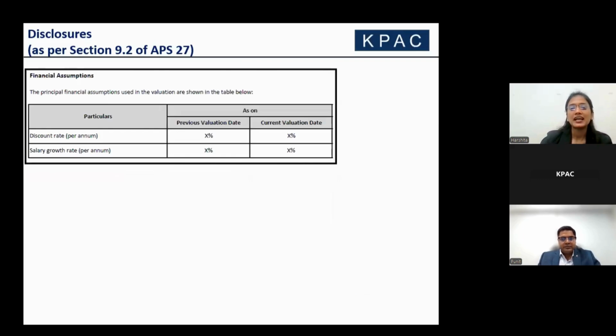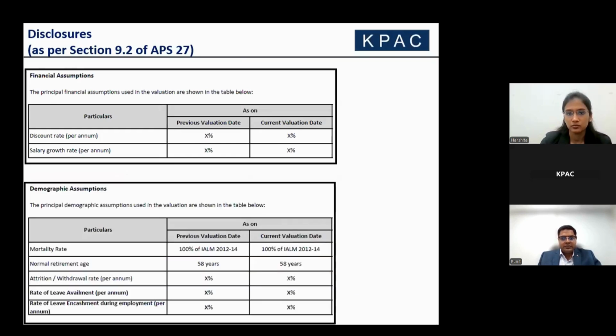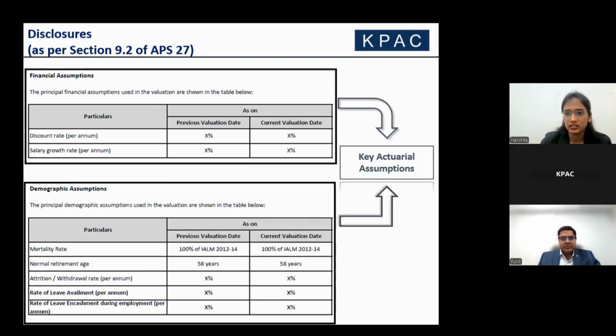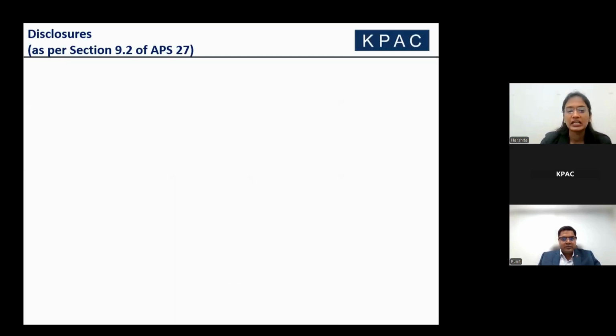Then, this slide covers the required disclosures for key actuarial assumptions. This includes financial assumptions such as the discount rate and the salary growth rate, and demographic assumptions like mortality, retirement age, attrition, and leave utilization rates, all presented with comparative figures for transparency.